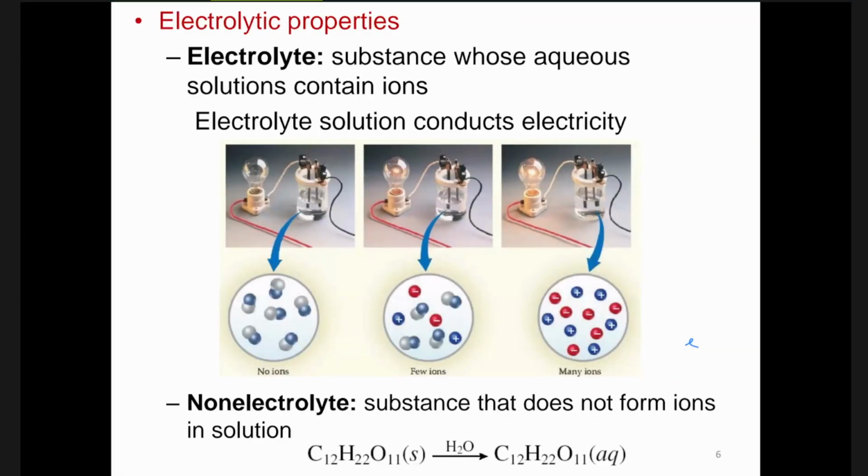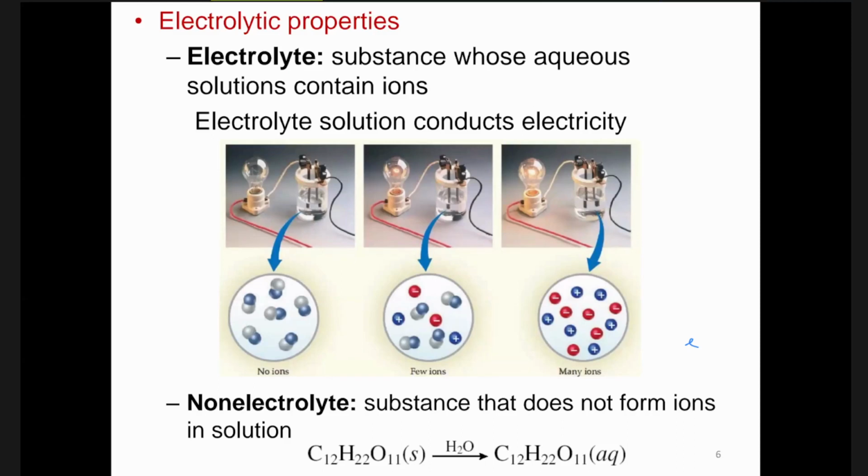Now, when you have a solution, we look at the electrolytic property. That means the property representing the electrical conductivity of the solution. An electrolyte is a substance whose aqueous solution contains ions. So an electrolyte solution conducts electricity.